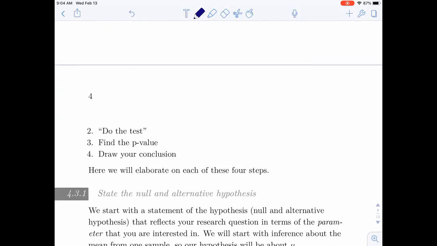Doing the test is really just calculating how far your sample mean, let's say, is from your hypothesized mean.